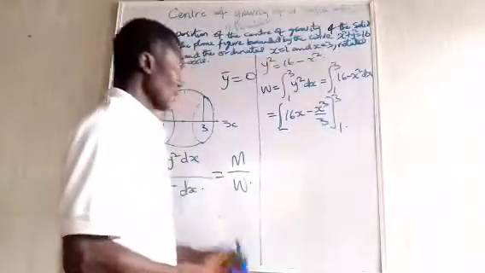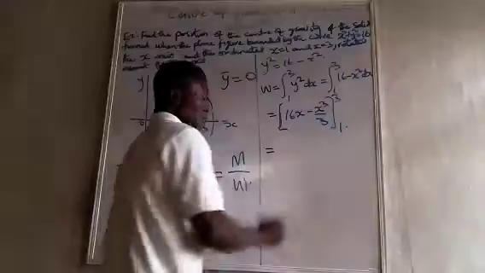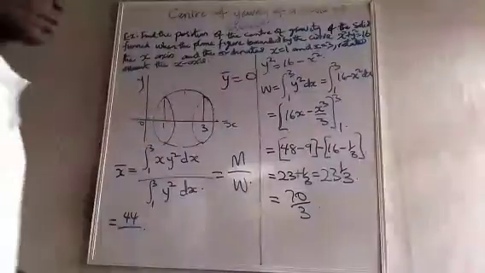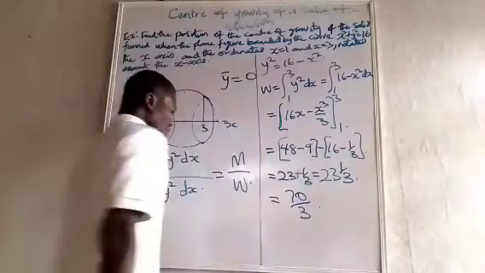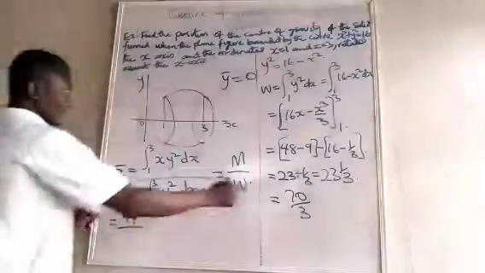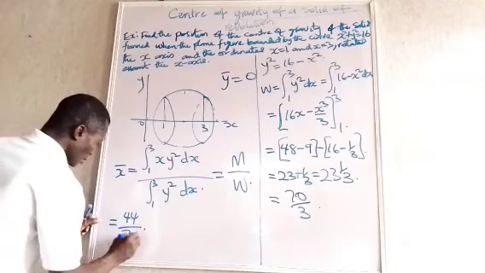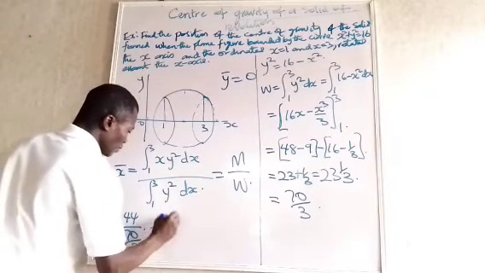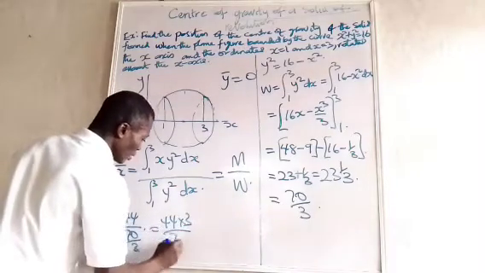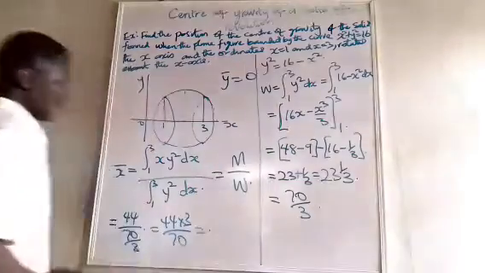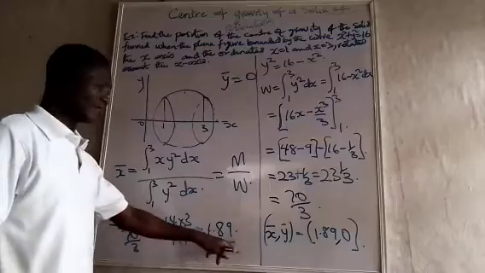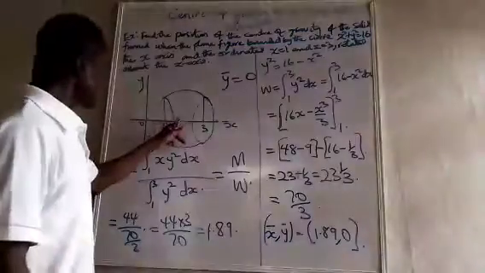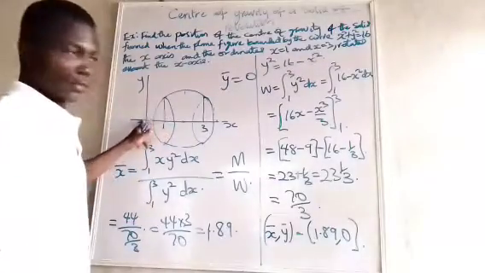Using the calculator, I was able to get 23 1/3, which is 70 over 3. So I substitute W here: it's 44 over 70 over 3, which is 44 times 3 over 70. That gives me 1.89, which means it is 1.89 from this point.